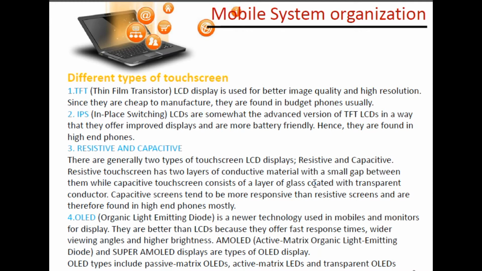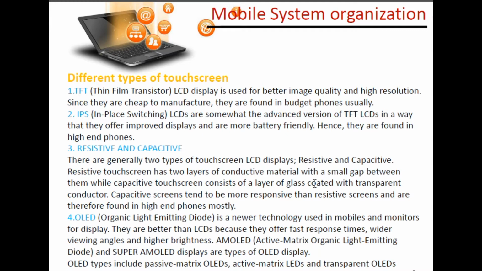A thin film transistor LCD display is used for better image quality and has high resolution capacity. Since they are cheap to manufacture, they are usually found in budget phones. Okay, this is the first category of display.